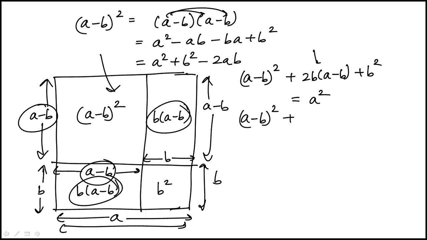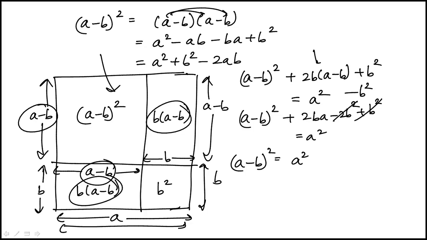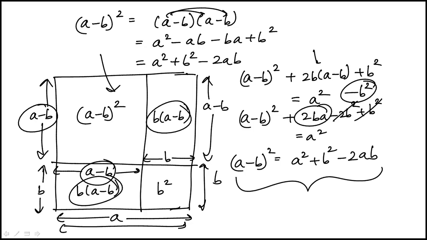We can do this expansion: 2BA minus 2B squared plus B squared equals A squared. This becomes minus B squared. And then I'm going to isolate A minus B squared on one side. When I add B squared to both sides, that becomes plus B squared, and that is going to become minus 2AB. So we're back to our identity.